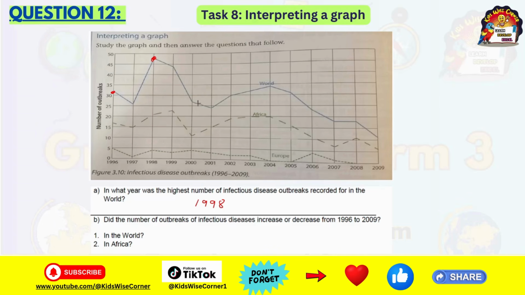And as you can see, to 2009, if that's 15, this is about 12. So did the number of outbreaks increase or decrease from 1996 to 2009? In the world, it decreased.